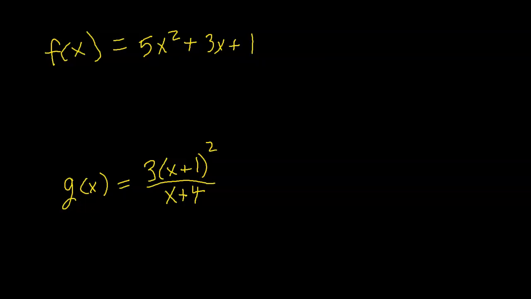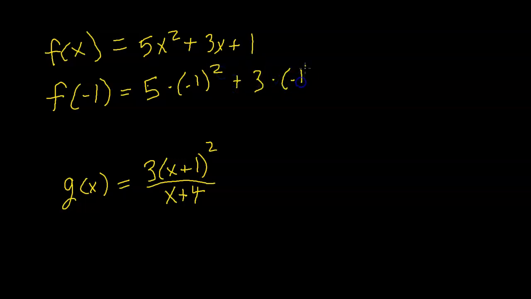Let's try something a little different. Let's say we want to calculate f of -1. That becomes 5 times -1 squared, plus 3 times -1, plus 1. So what is -1 squared? Remember, -1 squared is -1 times -1. That's a positive 1.